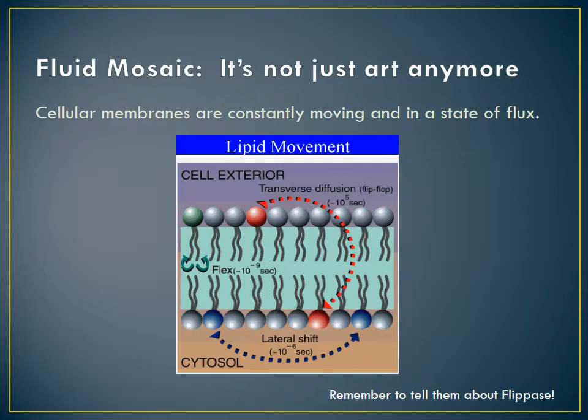It's amphipathic, and you have to get through this hydrophobic layer. It's hard to do. It becomes much easier if the flipase comes and sort of puts a bag over that hydrophilic head. Now it can easily slide through, get to the other side. But for the most part, most of this movement is lateral, not up and down.